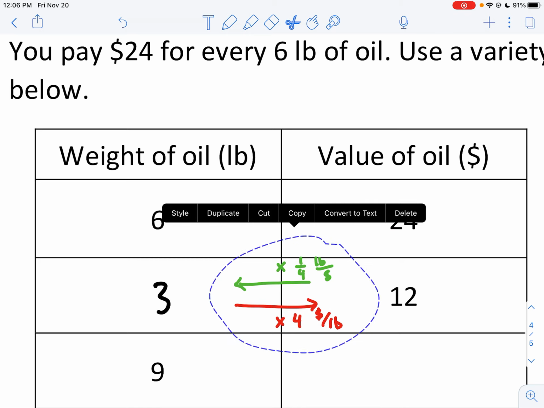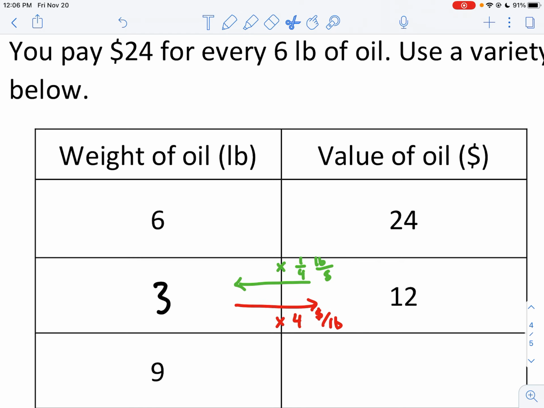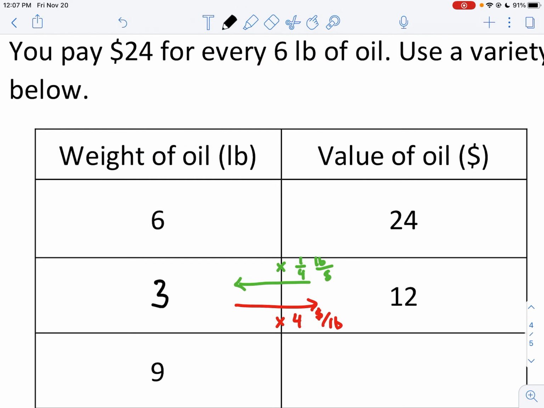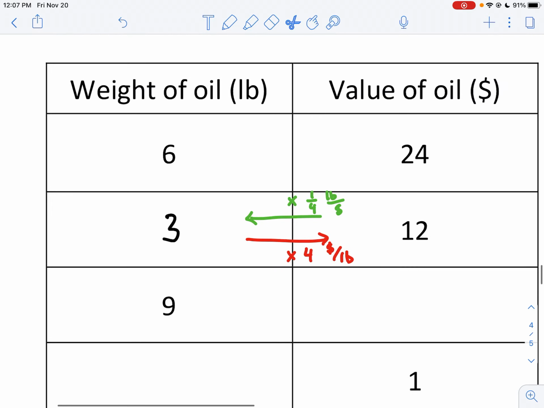This relationship can be used to generate any new row you want, right? So before we did not know this, but I did know 12. So I would do 12, and to go this direction I would use the green, multiply it by 1/4, and that would give me the amount we need right here, which is 3.